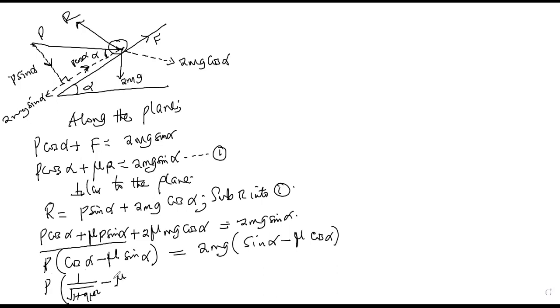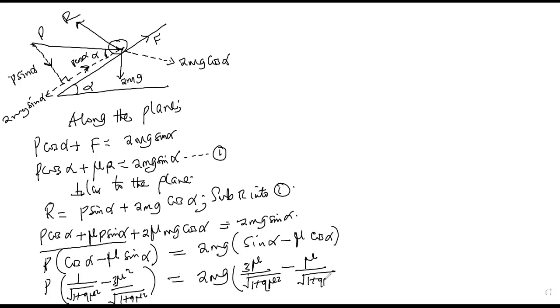So when you multiply mu, it will be 3 mu squared out of 1 plus 9 mu squared is equal to 2 mg over sine alpha. Sine alpha was 3 mu over the square root of 1 plus 9 mu squared, minus mu cos alpha. Cos alpha was 1 over, so it will be mu over the root of 1 plus 9 mu squared.